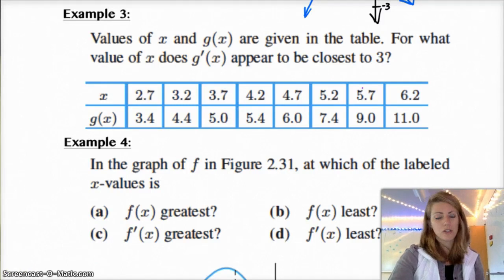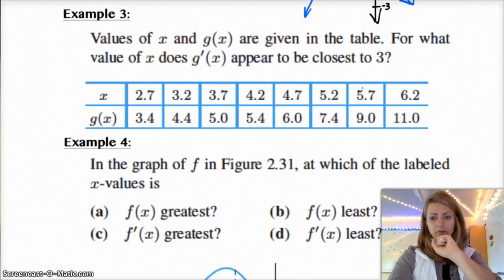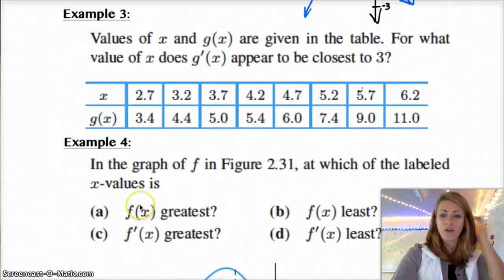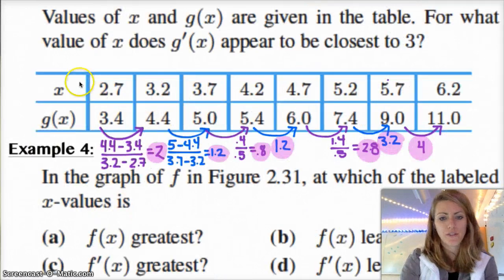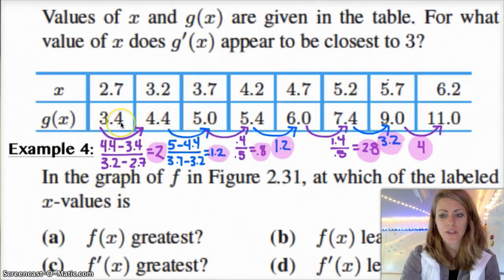Remember, the derivative is just the slope on that interval, or at that point. And so your estimate for the derivative is just going to be y2 minus y1 over x2 minus x1. Okay, so for example 3, I just calculated the average slope between each of the 2 points.